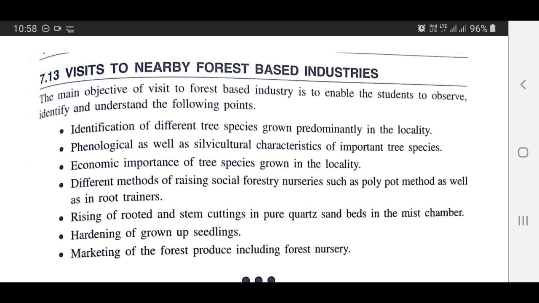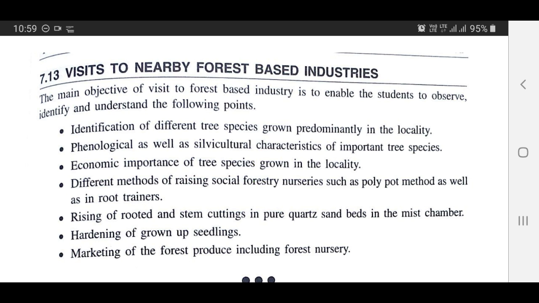This operation is called hardening of these cuttings, so that when you sell them for plantation purposes or for planting purposes in the forest areas or in the social forestry programs, their mortality will be reduced. If you are not doing the hardening, their mortality rate may be high. So for reducing the mortality of the seedlings in the forest areas or in the social forestry programs, you should give them a hardening operation so that plants become hardened off.